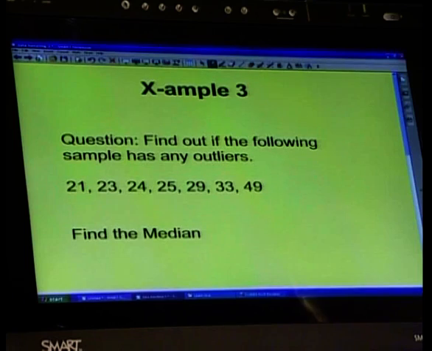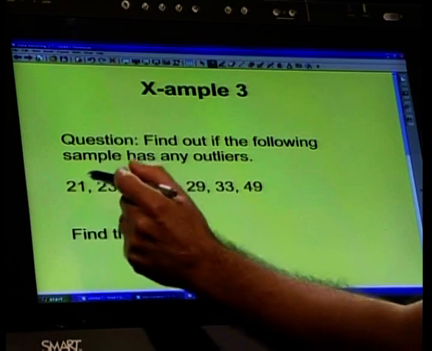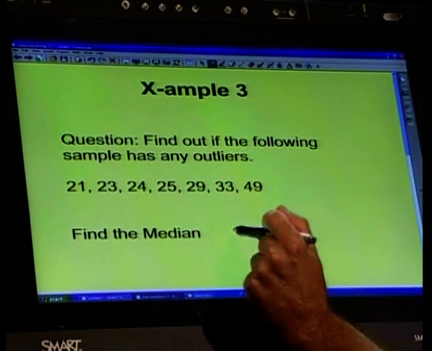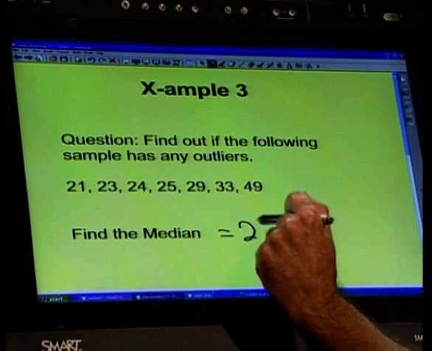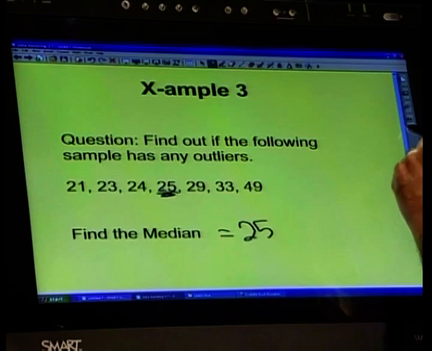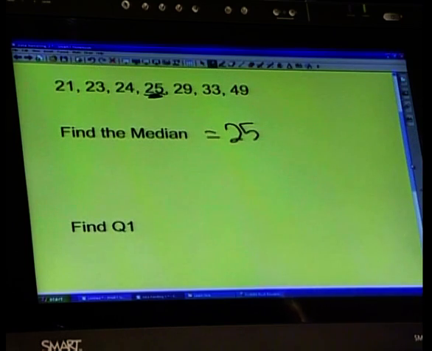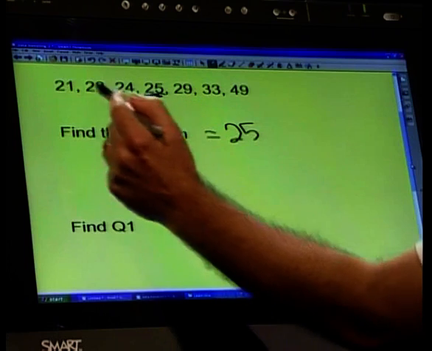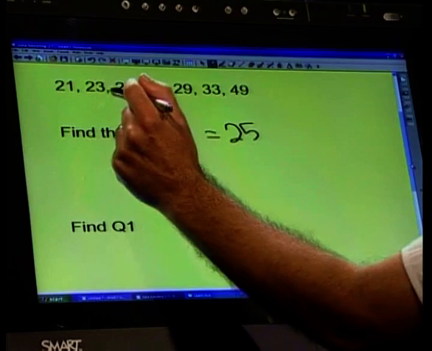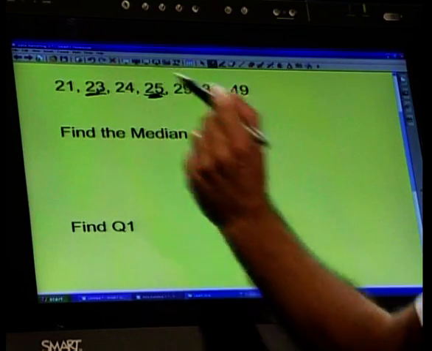So to start with, we need to find the median. The middle value, crossing off on either side, leaves me with 25. 25 sits in the center of this sample. To find quartile 1, I'm going to find the value that's in the middle of the bottom half of the data. In this case, 23 is in the middle.